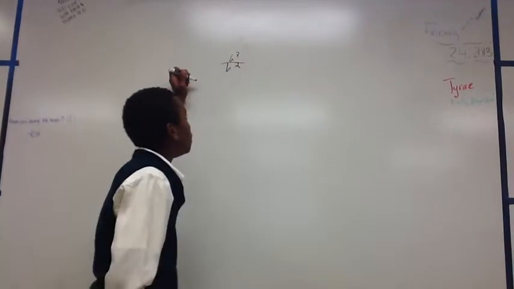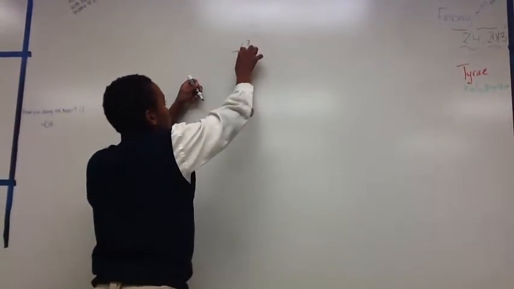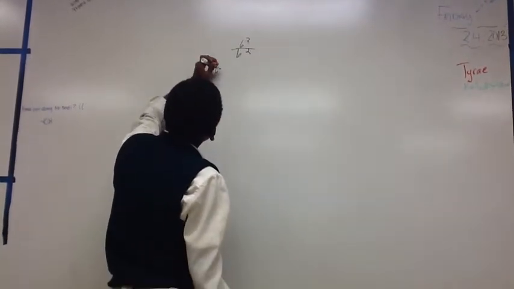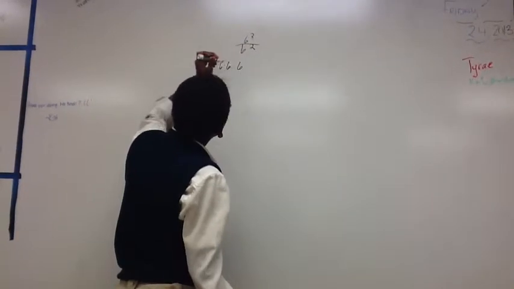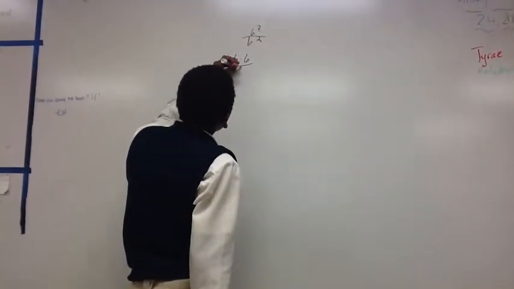Now this time you could actually expand this, and since the base is 6, that's how many times it's going to be multiplied. That would be 6 times 6 times 6. And then 6 squared means 6 times 6.